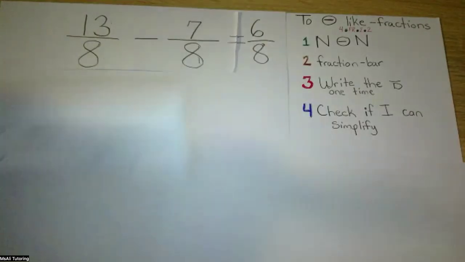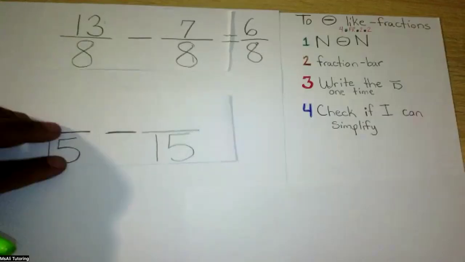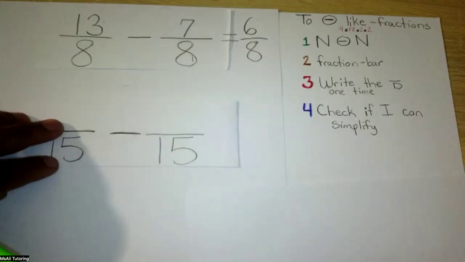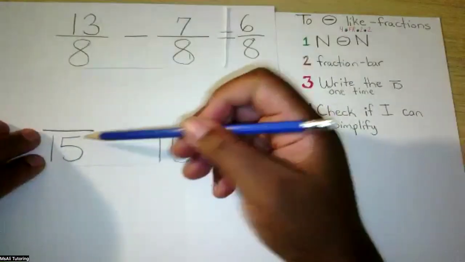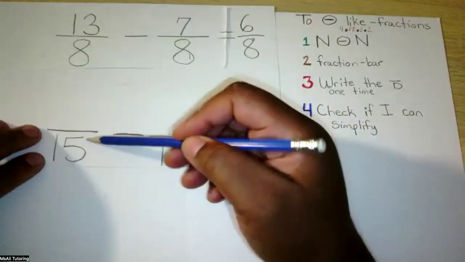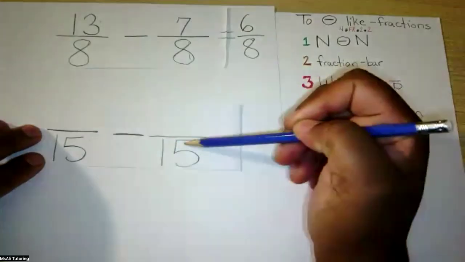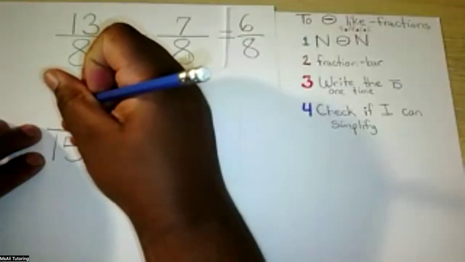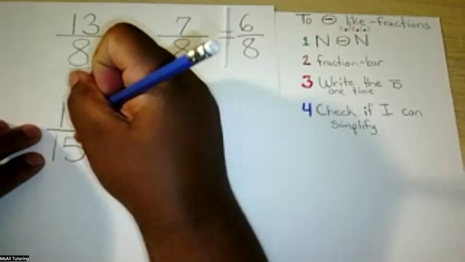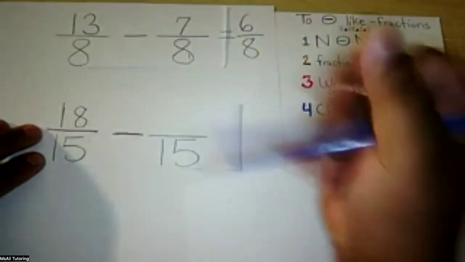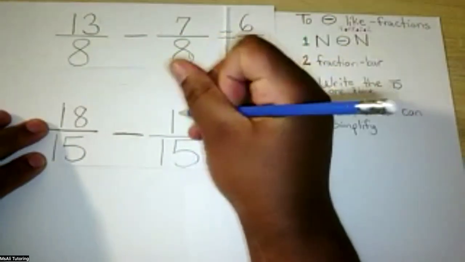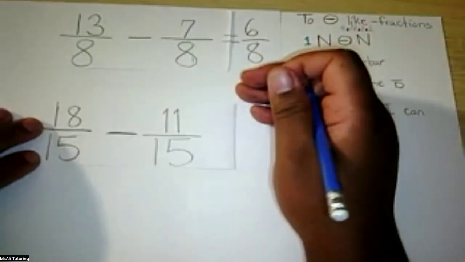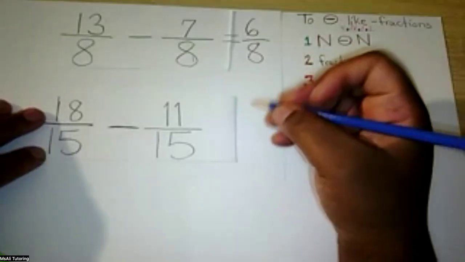We'll look at one more quick example. 15ths minus 15ths. Well, they have the same fraction name, 15ths minus 15ths. They have a common denominator. So if I had 18/15 minus 11/15, I could do this problem.